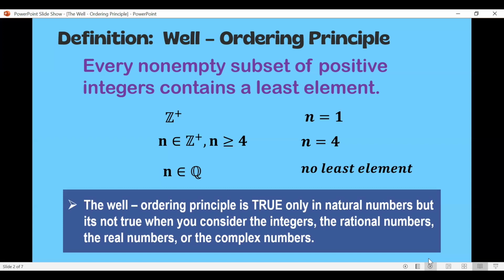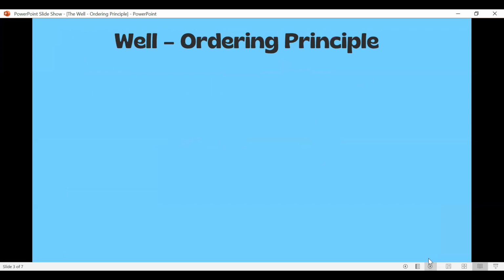Let us look in more detail at what the well ordering principle is. Let A be a set such that the following conditions are satisfied: first, A is a subset of natural numbers, and second, A is not an empty set.